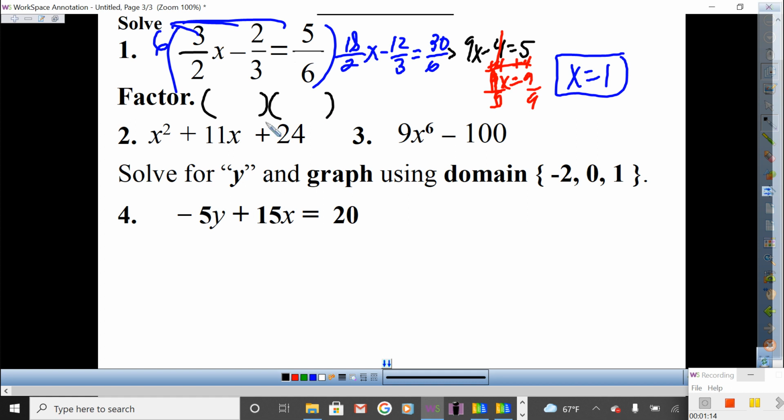Yeah, what'd you get for the factors? Okay, so let's help her out. 24 and, oh, this is 11, sorry. 24 and 11. What two numbers multiply to give me 24 that when you add them give us 11?